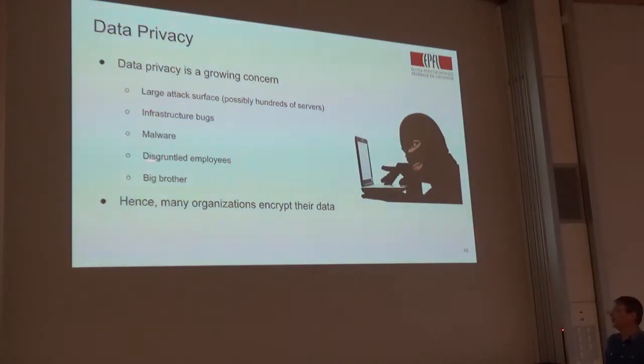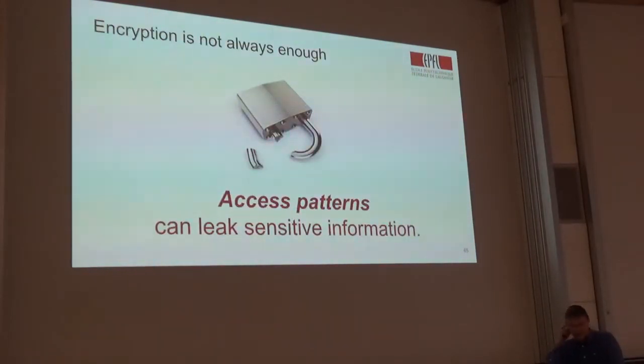You can have just disgruntled employees like in the NSA, what was his name, Snowden, who took all the data and then just gave it out to everybody. Yeah, Big Brother, NSA, USA. And so a lot of people are encrypting their data, but the problem is that encryption is not always enough. We have this access pattern that sometimes can give away the data.